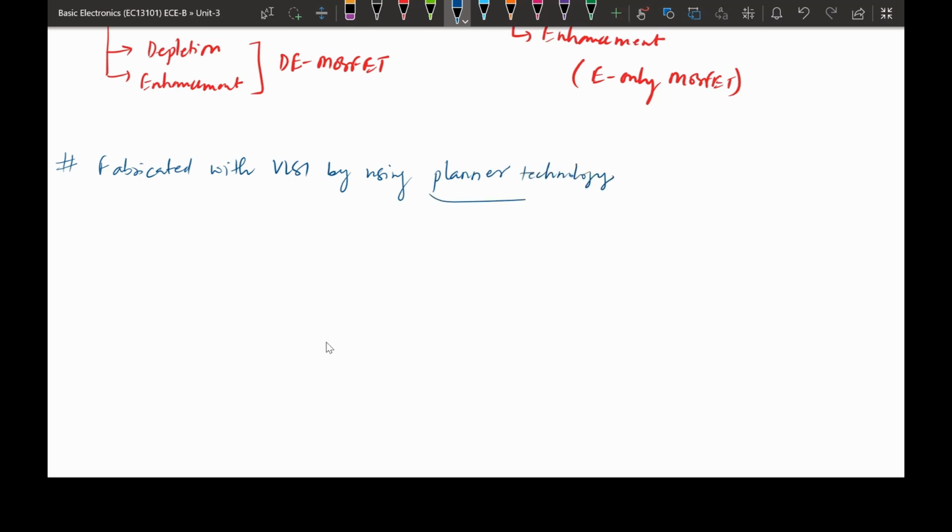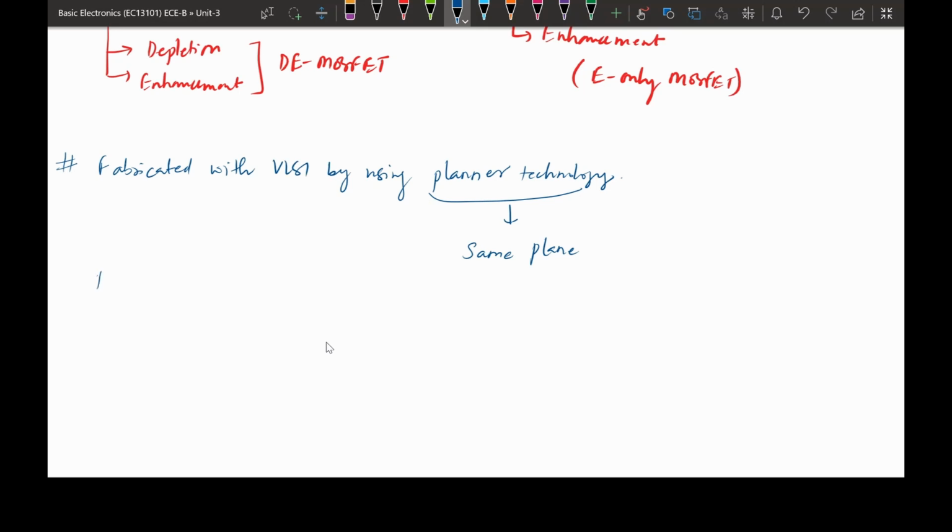So what is the meaning of planar technology? Planar technology is the technology where a single plane, or the same plane, will be used for depositing different layers. That means the same plane will be used for fabricating that IC. That's why it is called planar technology.